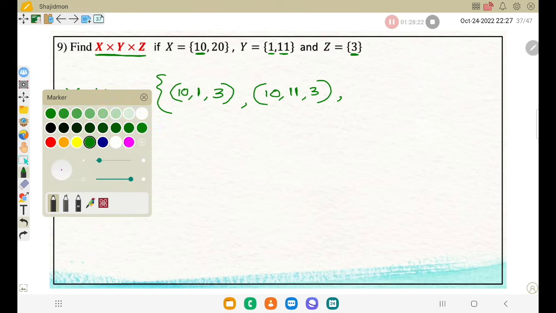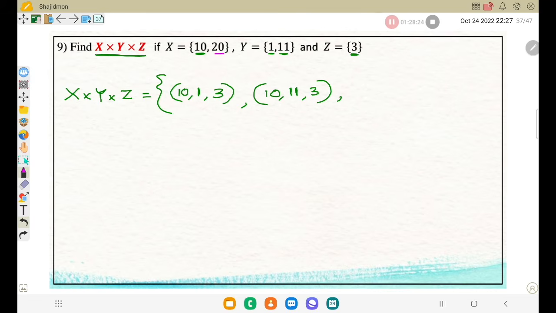Now go to the second element 20 here. Now the second set we are taking 1, the third set of course is 3 only. Comma. Now the first set again 20, second set 11, third set 3. Any other possibility? No.